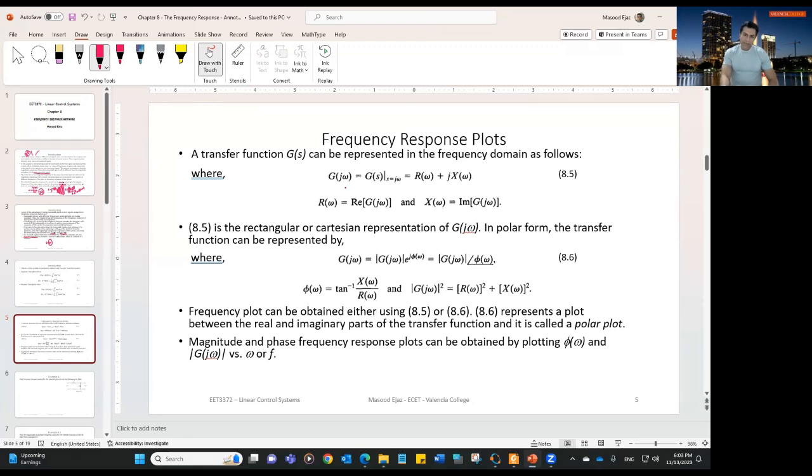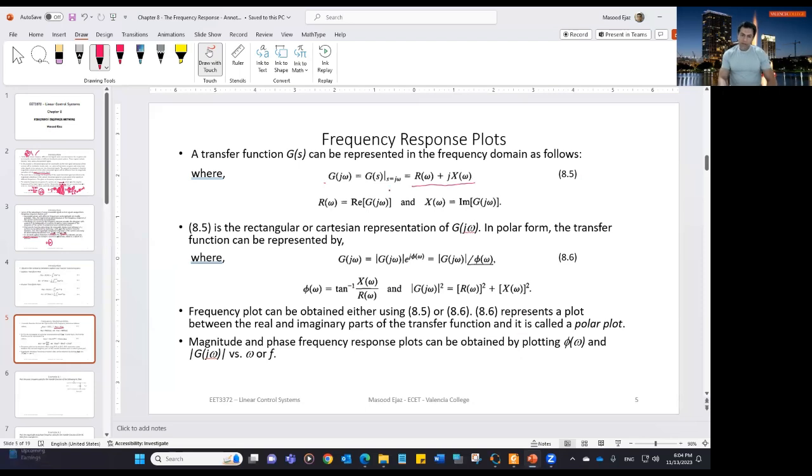Here, basically, we are showing you that you have a transfer function G of s, call it process, call it whatever you want. When you put S equal to j omega, then the transfer function can be written as a complex number, with a real part of G of j omega and an imaginary part, X of omega, which is the imaginary part of G of j omega.